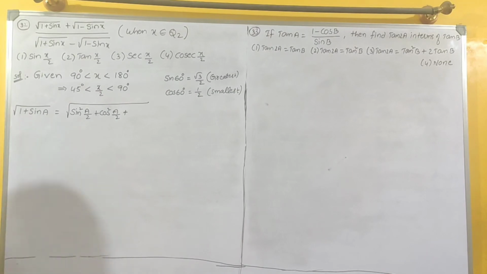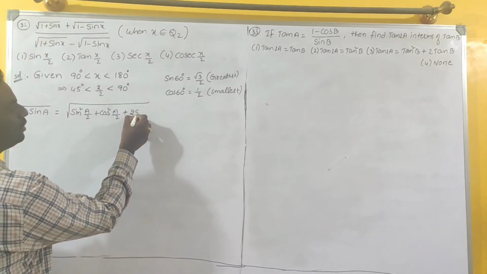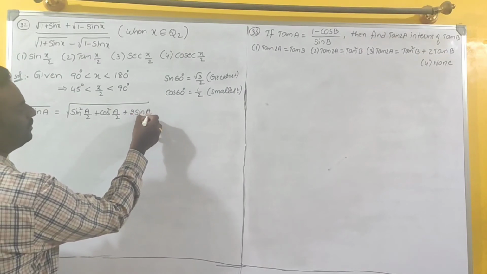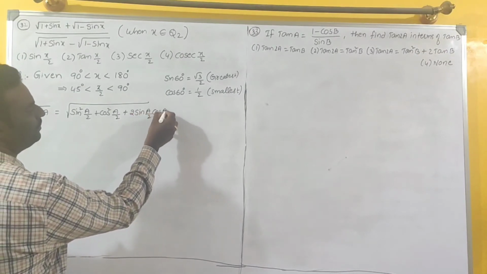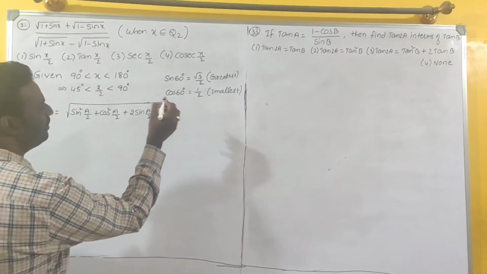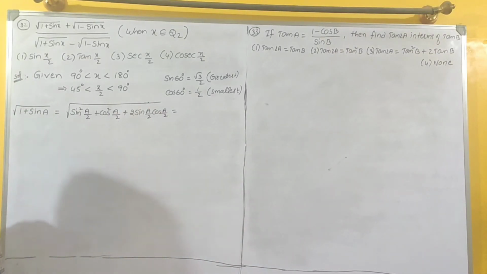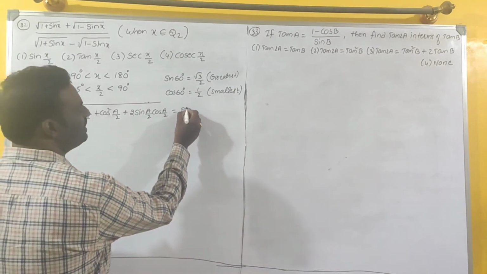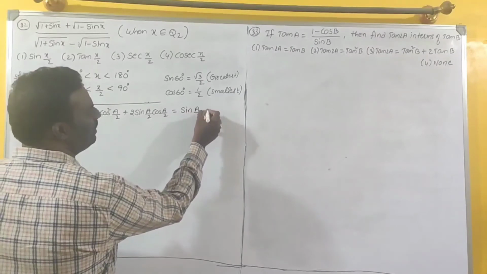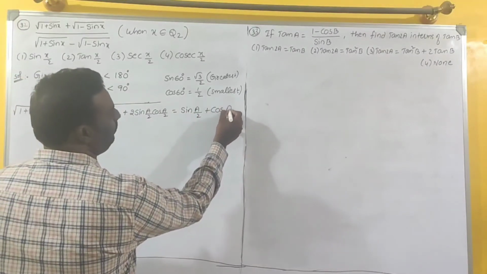Again sin a can be written as 2 sin a by 2 cos a by 2. Now a square plus b square plus 2ab is a plus b whole square, square and root gets cancelled, then you will get sin a by 2 plus cos a by 2.